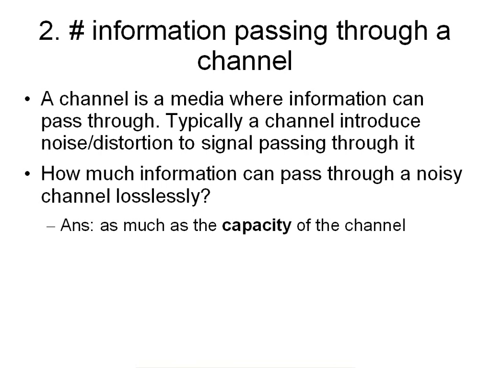As long as the amount of information is less than a threshold, which we call the capacity, then we can find a way to send the message losslessly through this channel. On the other hand, if the amount of information of the message is larger than the capacity, then it's impossible to find a way to send the message losslessly through this channel. And we will talk about capacity later, in future segments.